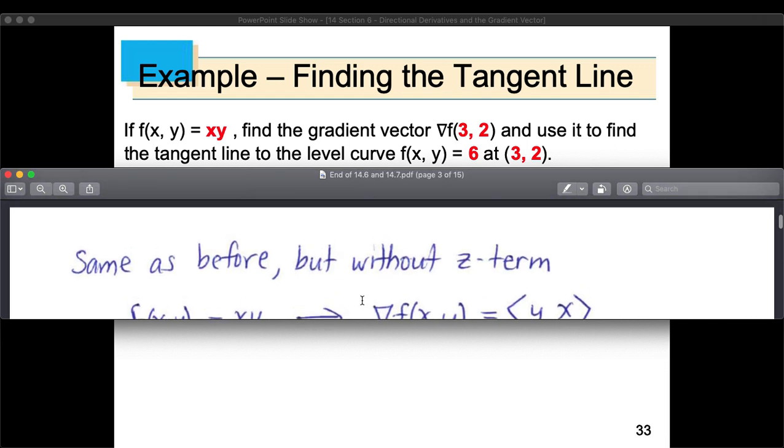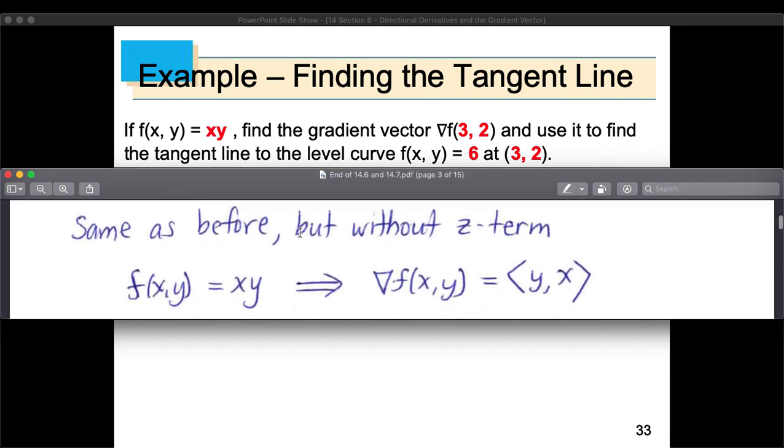So, what does that mean? Well, that means my gradient is going to be simpler. It's just going to be a 2-component vector this time. Notice that my first component is y, the second component is x.